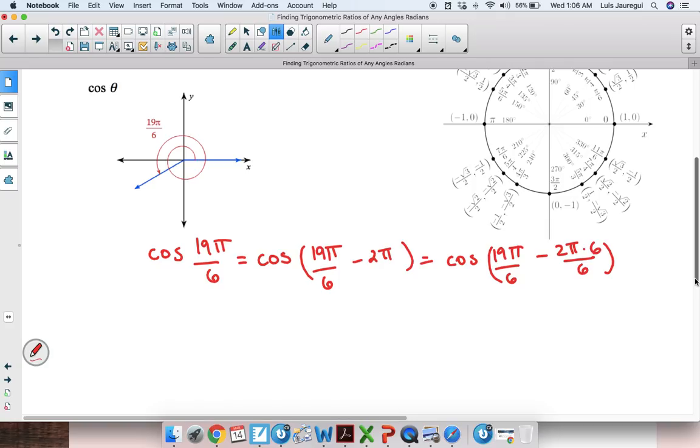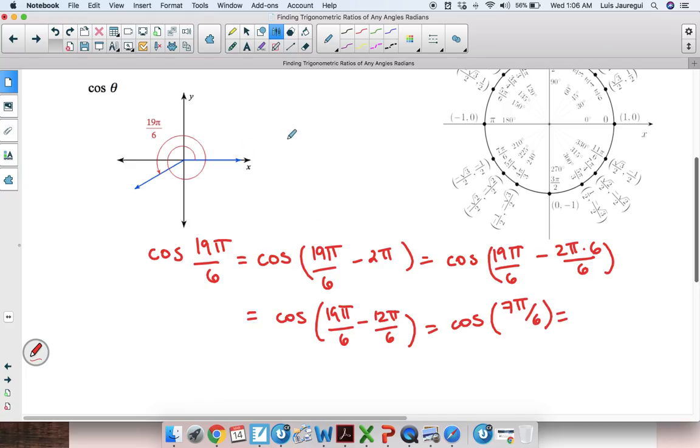So that leaves us with this being equal to cosine of 19 pi over 6 minus 2 times 6, which is 12 pi over 6. We do the subtraction. This is the same as cosine of 7 pi over 6.